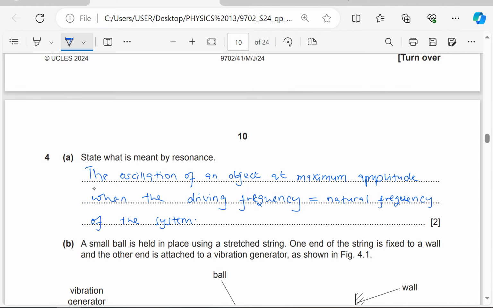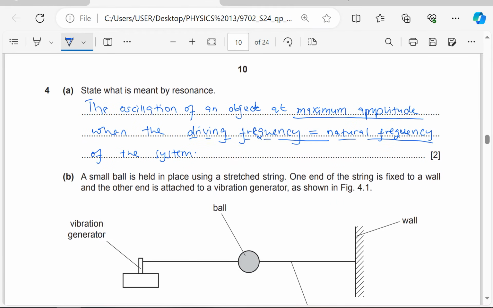So whenever the driving frequency is equal to the natural frequency of the system, we say that resonance occurs, because the system absorbs maximum energy and vibrates with the maximum amplitude. So you can't forget, you must mention maximum amplitude, and you must also mention that the driving frequency is equal to the natural frequency of the system for resonance to occur.